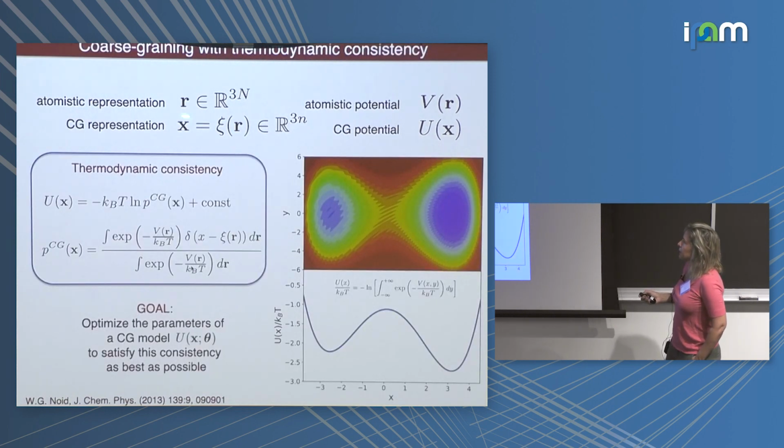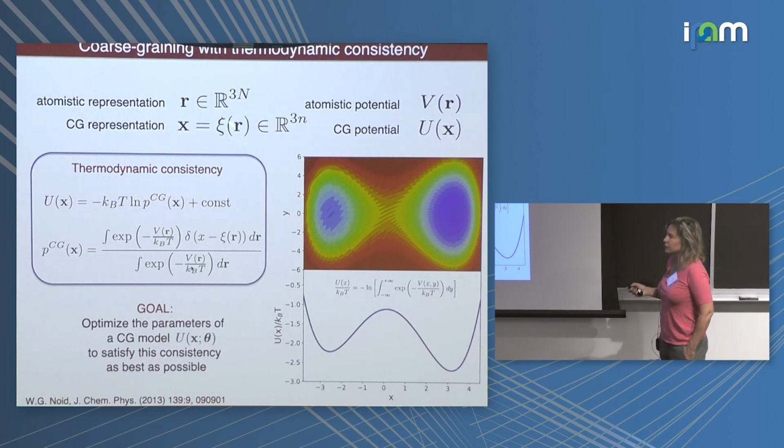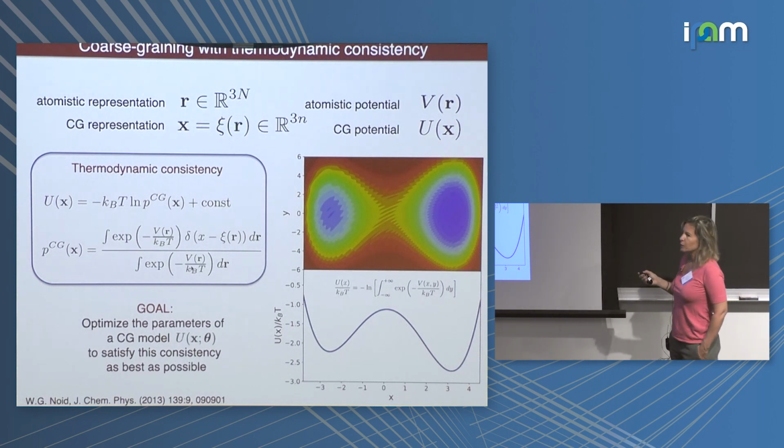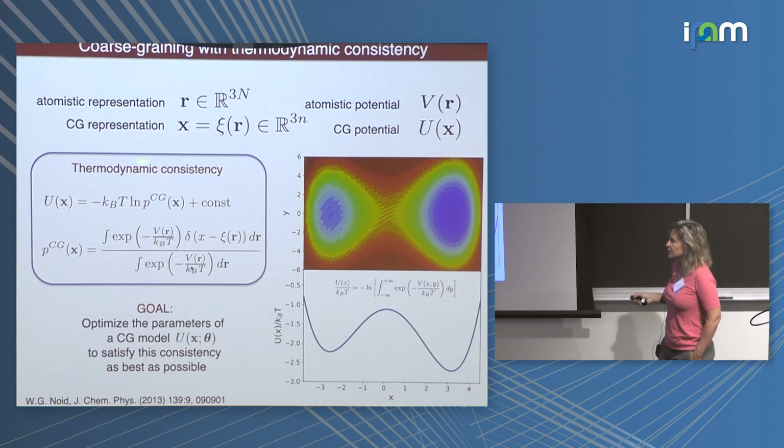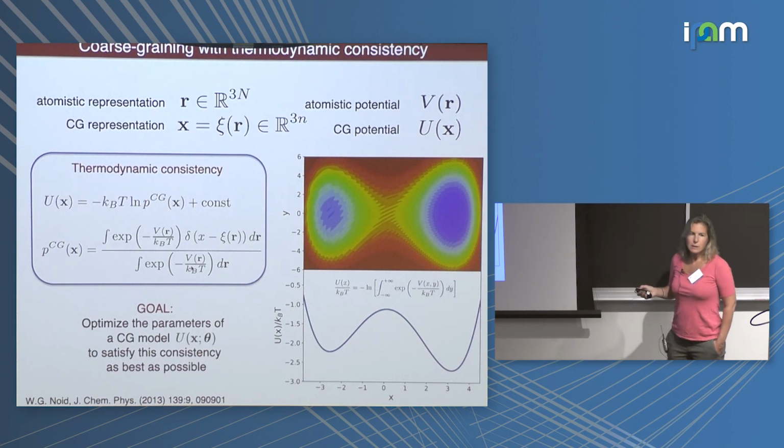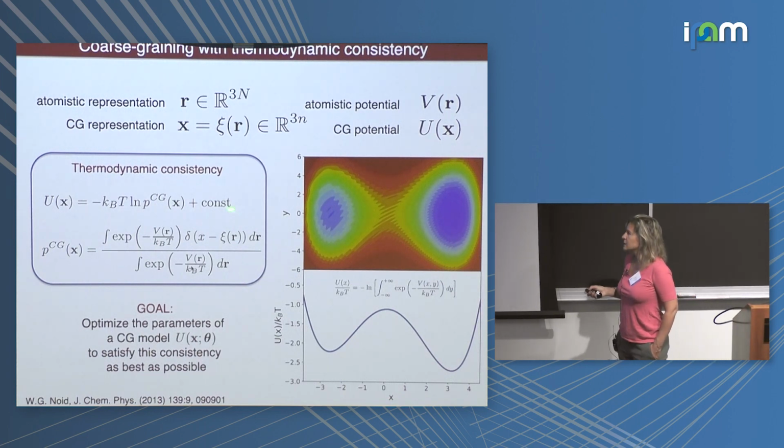So, what do we want to preserve when we do the coarse graining? What are the properties of the coarse-grained potential that we want to find? One way to find this potential is through thermodynamic consistency. By thermodynamic consistency I mean that the free energy of the coarse-grained model should be the same as the free energy of the atomistic model.